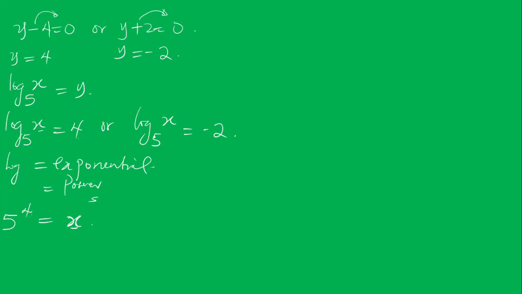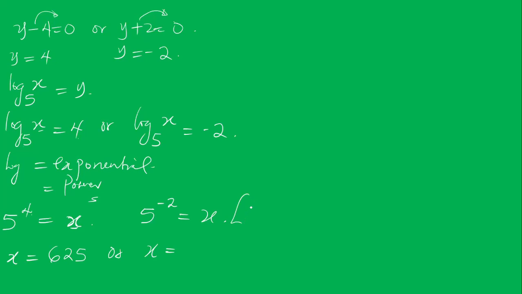Now the same is applicable to this. So now you have 5 raised to the power minus 2 is equal to x. So this will give you x is equal to 625, or x is equal to this value.